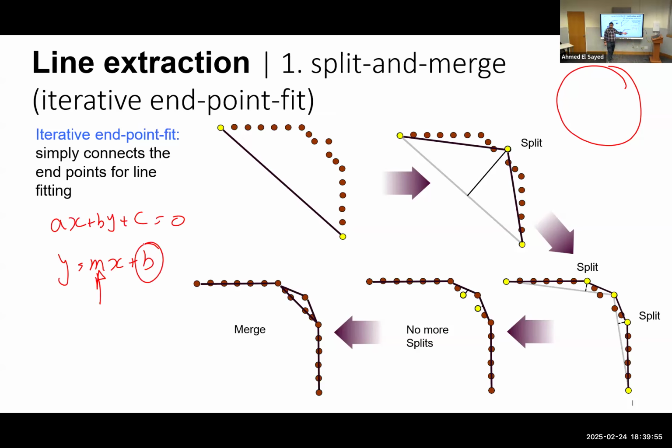Anyone recall? The y-axis crossing. So this is b, right?